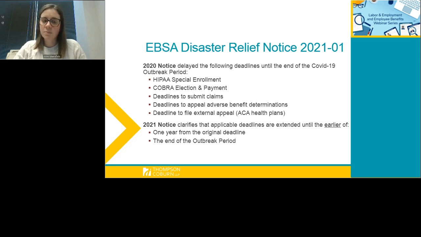So it puts a little bit more of a burden on plans to make sure they're staying up to date with all of their participants and their applicable deadlines. But again, it's 1 year from the original deadline or the end of the COVID-19 outbreak period, whichever is earlier.